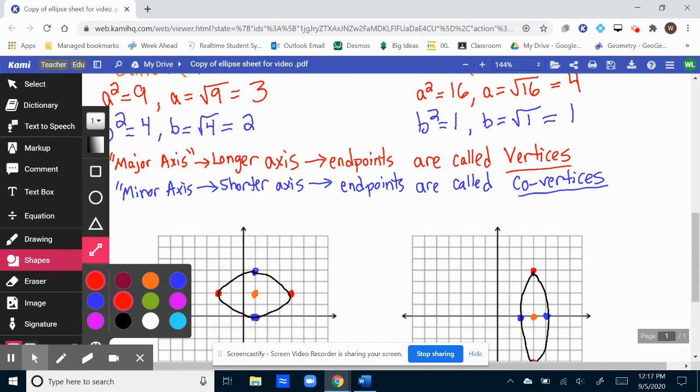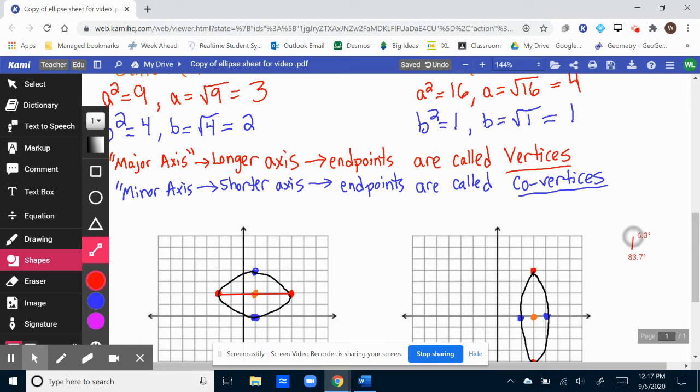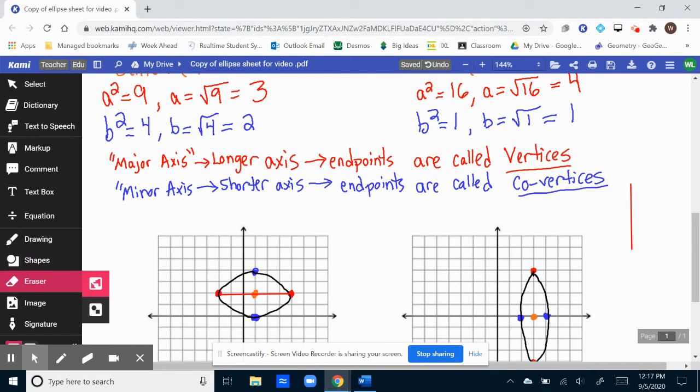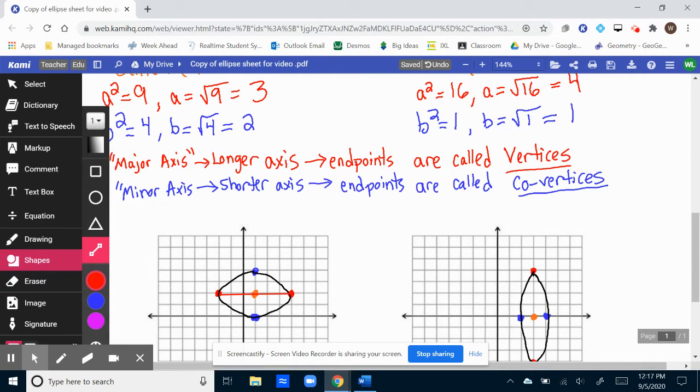I'm going to stick with red for the major axis, so I'm going to connect these 2 red endpoints right through the center of the ellipse. And then on the right, I'm going to do the same thing, connecting my 2 red endpoints.